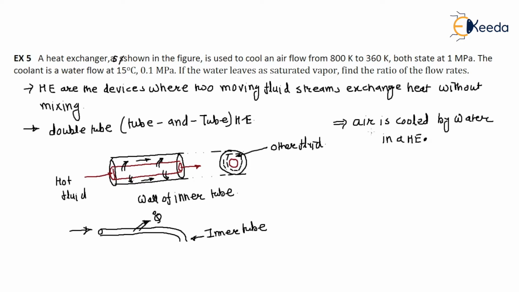Water is the coolant, which flows in at 15 degrees centigrade and 1 megapascal. If water leaves as saturated vapor, find the ratio of flow rates.